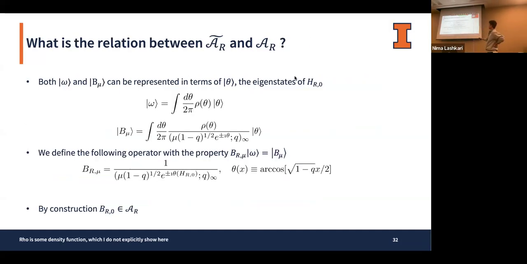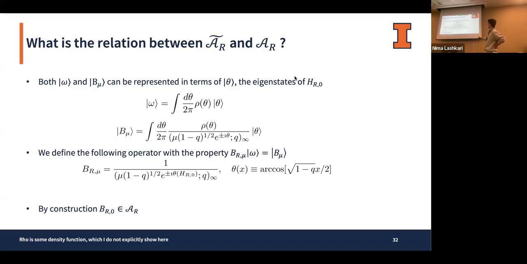Now, let's give an argument on what's the relation between A tilde and AR. We just use this spectral decomposition of the vacuum state omega and this coherent state B mu. The theta states, as I defined before, are just those states defined by the Q-Hermite polynomials.